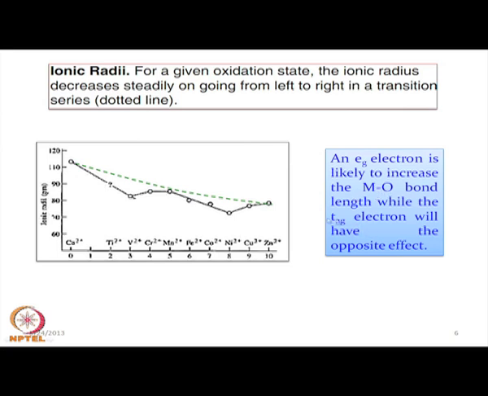But if the electron is in the T2G level, which lies in between the metal oxygen axis, that will have a different, or rather opposite, effect, and that will basically decrease the corresponding metal oxygen bond length. So occupancy of this T2G level, that means up to vanadium 2 plus, will decrease the corresponding contribution to the MO bond length.